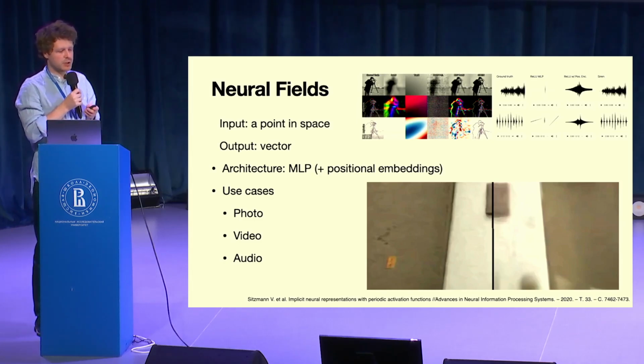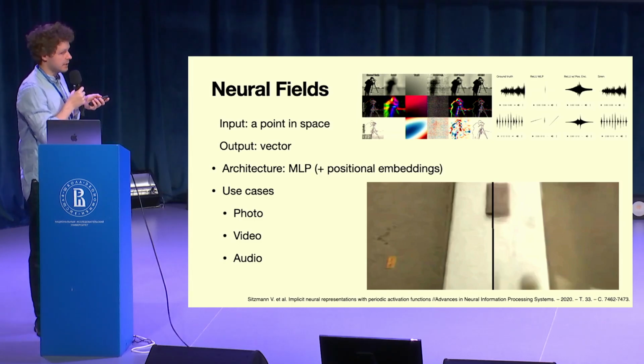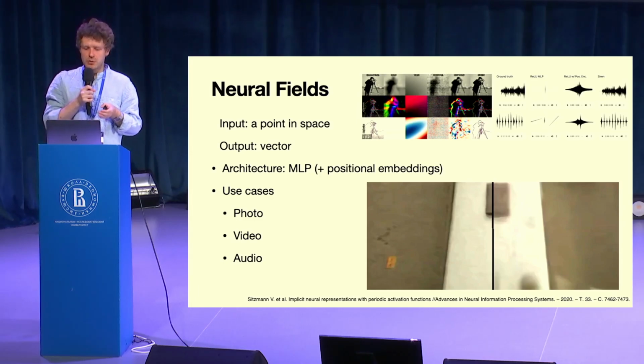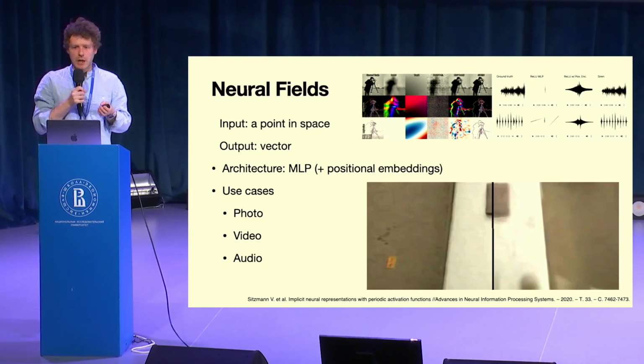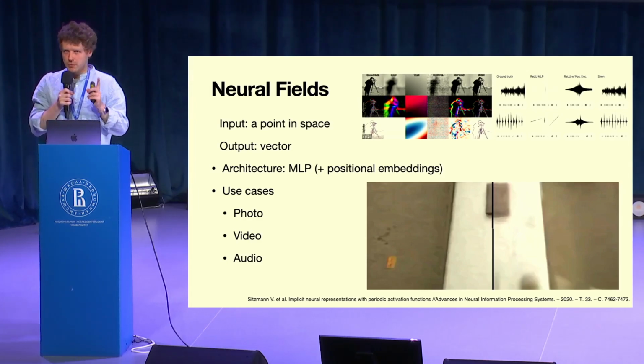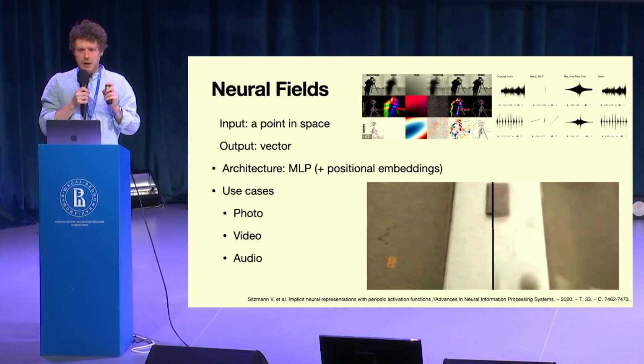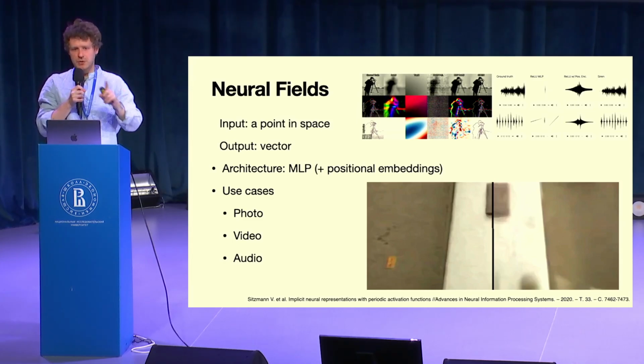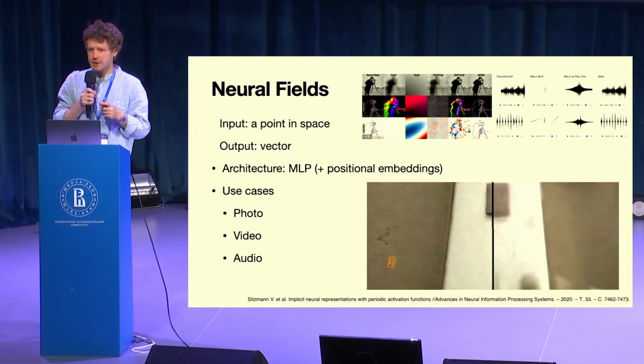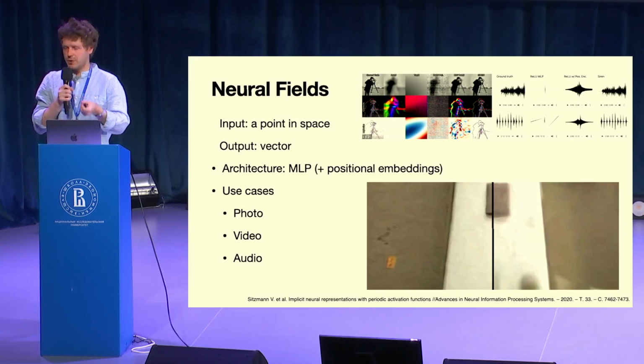And another application, which is more visual, is representing video data with neural networks. So here, they took a video fragment, which can be seen as a three-dimensional field. Apart from having two spatial coordinates, they also added a time coordinate to change frames.